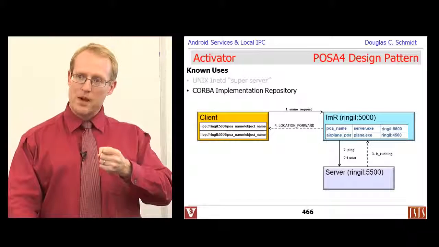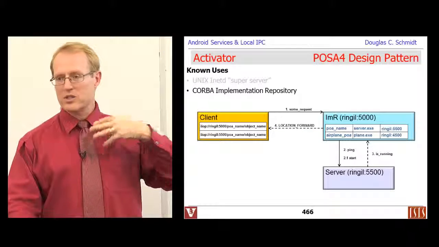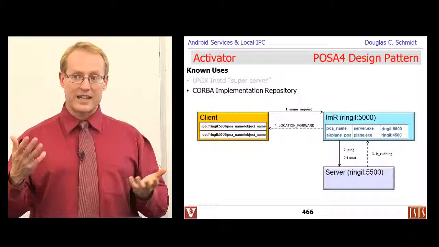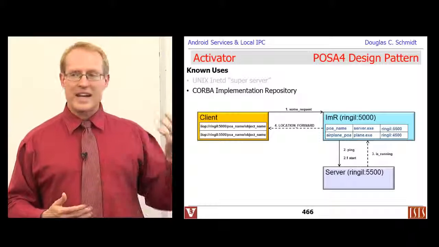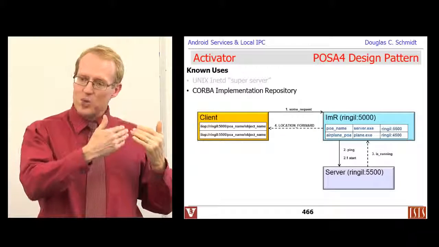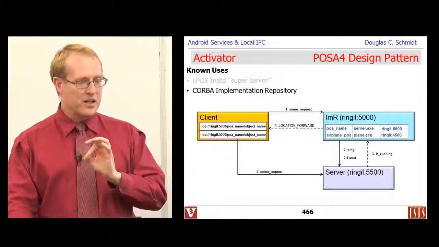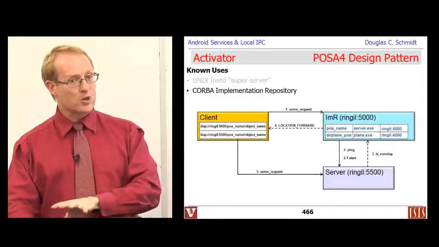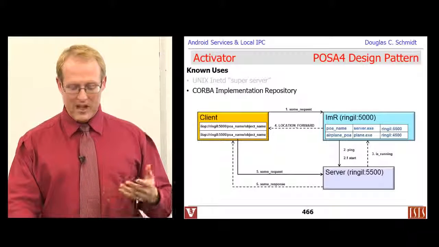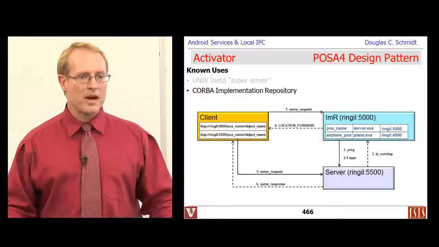Then the server passes back an address, which is called an object reference, which is again like a URL on steroids. That gets back to the client, and it's cached internally in the client. The call is redirected, so it goes over to the actual server, the one that was launched on demand. That does its thing and then sends the result back.